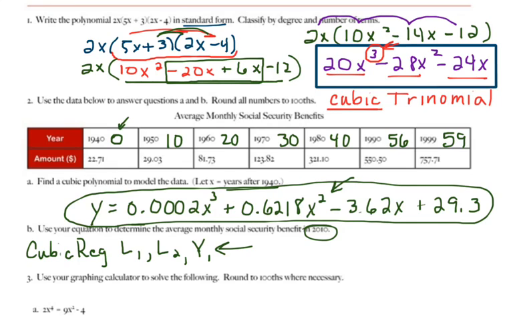In this case, they say 2010, so that is 70 years since 1940, so you have to plug in a 70 into all of the X spots. So it's a simple substitution. Let's see if I have an answer for that. I do not have an answer for that, so I'll let you work that out.